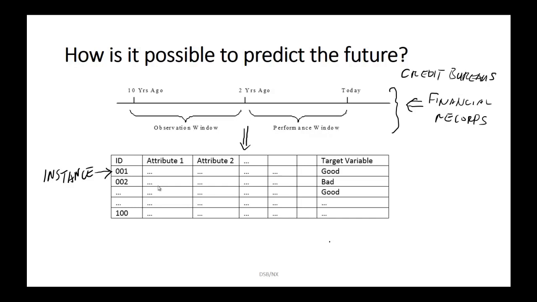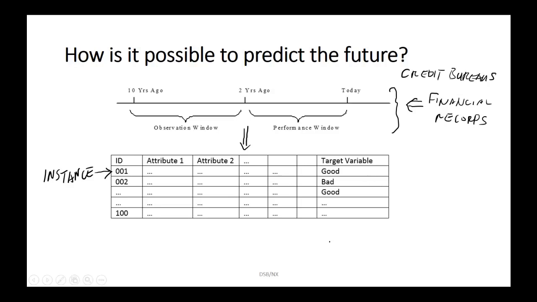We look at each of those 100 people and see whether they have defaulted on any of their debt obligations, such as credit card, car loan, mortgage, and student loans. As long as one of the debts was not paid, we will mark this person as a bad account. Otherwise, we'll mark them as a good account.